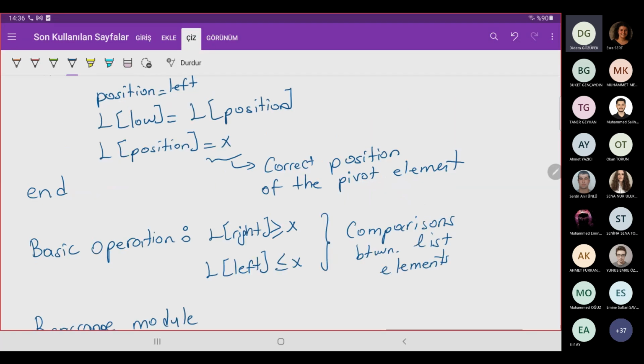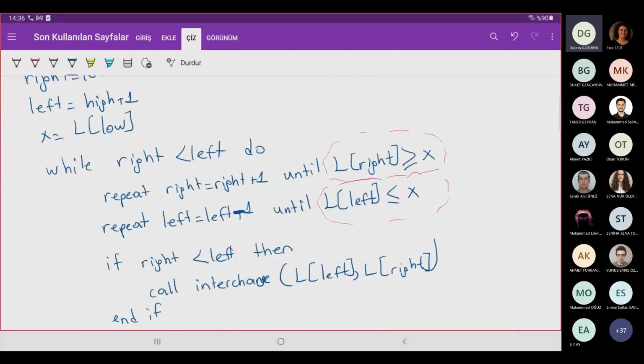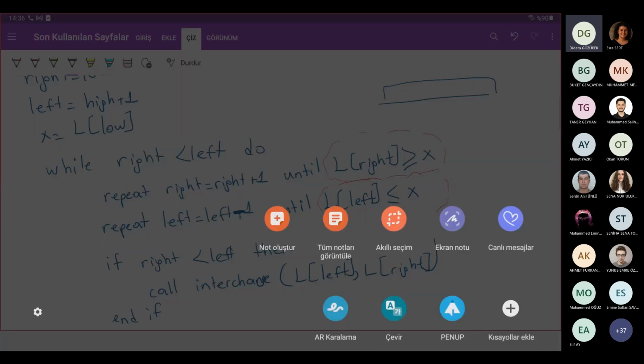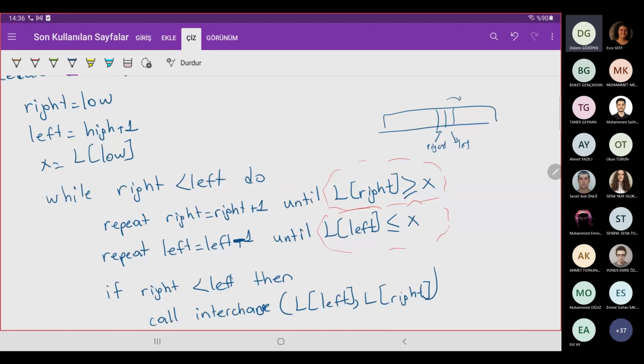So if we look at the rearrange here, it proceeds as long as right is less than left, okay? So it's something like, if this is right and this is left, then it will proceed one more, okay? One more here, one step in one direction, and the other also simultaneously in the other direction.